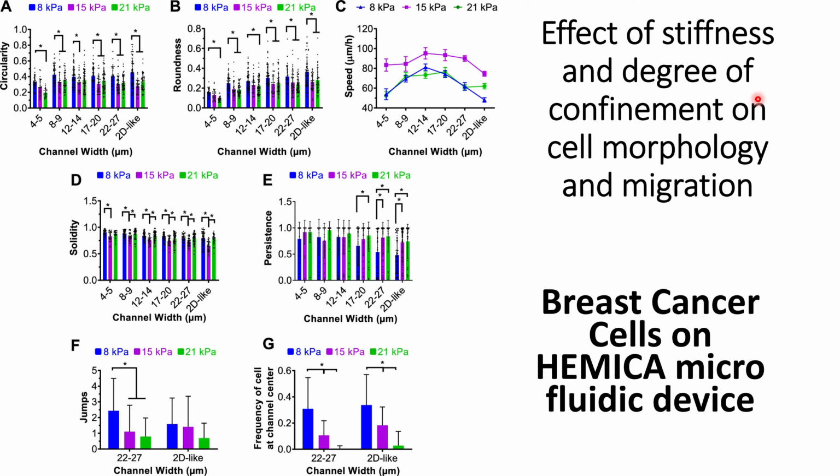So that's all for this video. If you need to understand more about the effect of stiffness and degree of confinement, and how to study these parameters using the Hemica microfluidic device, you can go through the reference provided in the description.